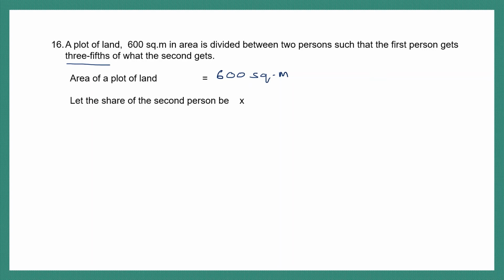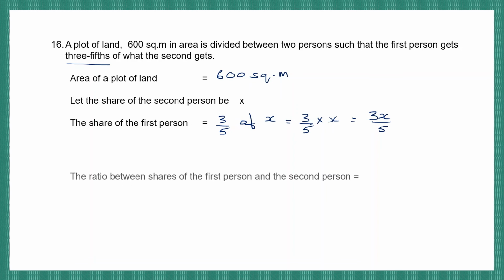We'll take the share of the second person because we don't know. We'll take that to be x. So the share of the first person is 3/5 of x, isn't it? That's what it says. It says 3/5 of what the second gets. So this will be 3 by 5 into x, or simply 3x by 5.